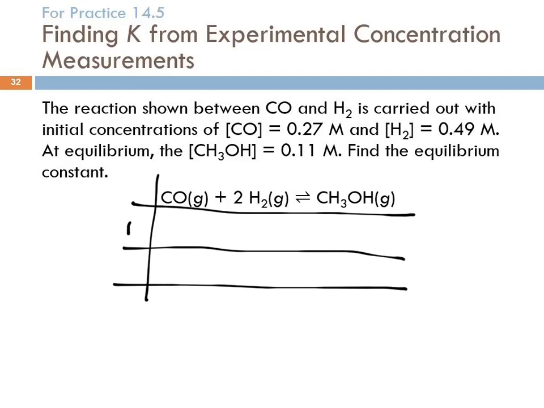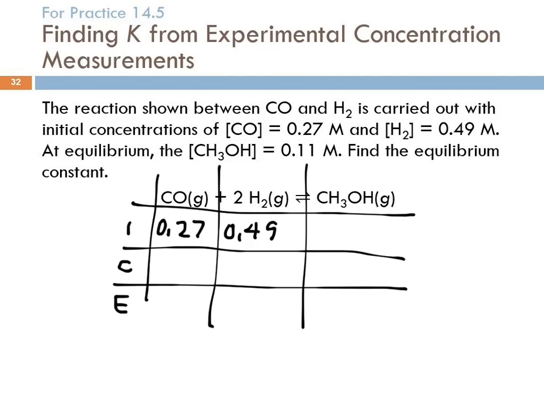So here I've got I, C, E. So initial concentration of carbon monoxide 0.27, of hydrogen 0.49. Now, it doesn't say anything about the initial concentration of the CH3OH, that's methanol.